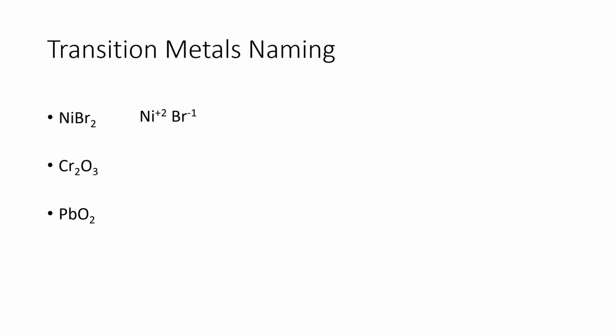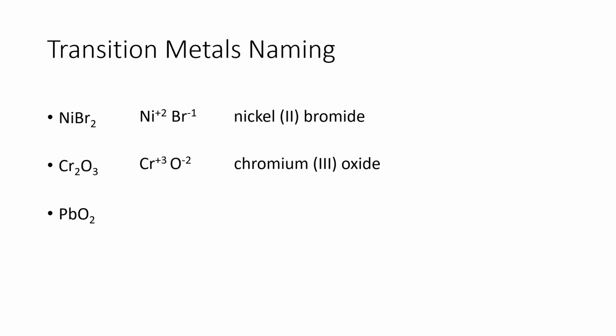So that is going to be made from nickel with a +2 charge and bromine with a -1 charge. So that is nickel 2 bromide. For Cr2O3, if you uncrisscross the subscripts, you get that it's chromium with a +3 charge and oxygen with the -2 charge. So this is chromium 3 oxide.